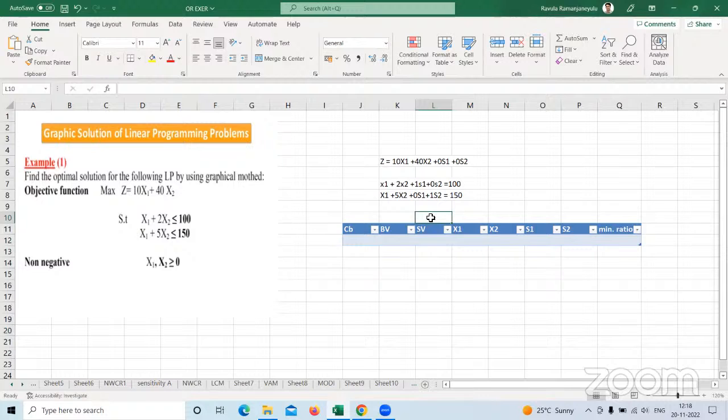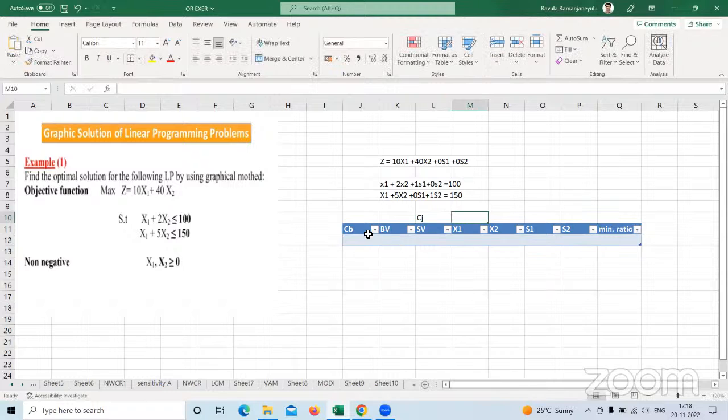Above the solution variable, we write Cj. Cj stands for the coefficient of the objective function. So first we write in the table the coefficients of the objective function, converted into simplex format: z equals 10x1 plus 40x2 plus 0s1 plus 0s2.